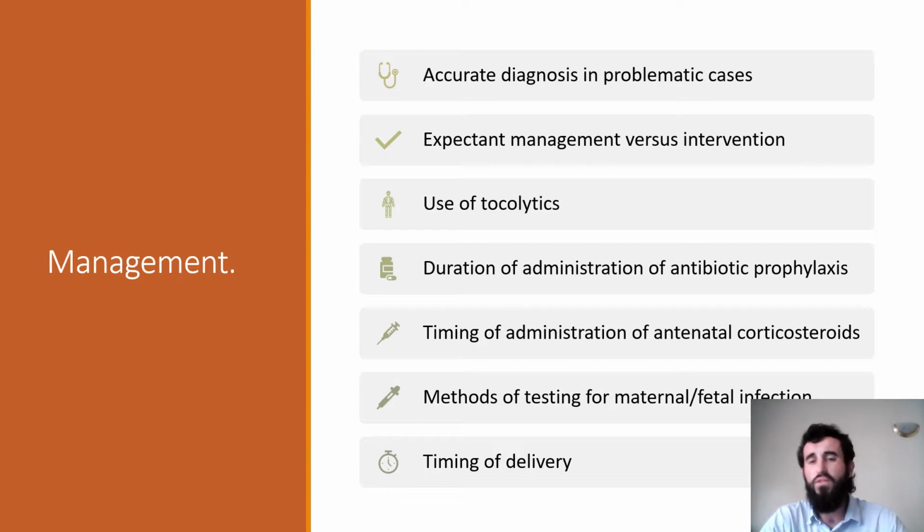When do we have to use tocolytics? How long will we have to use the antibiotics? The timing of the administration of the corticosteroids. Methods of testing for maternal-fetal infection. And as I told you, the most important question is when is the correct time of delivery.